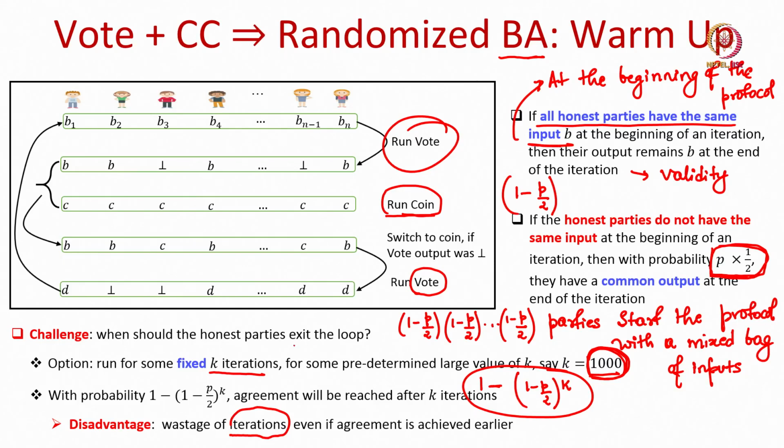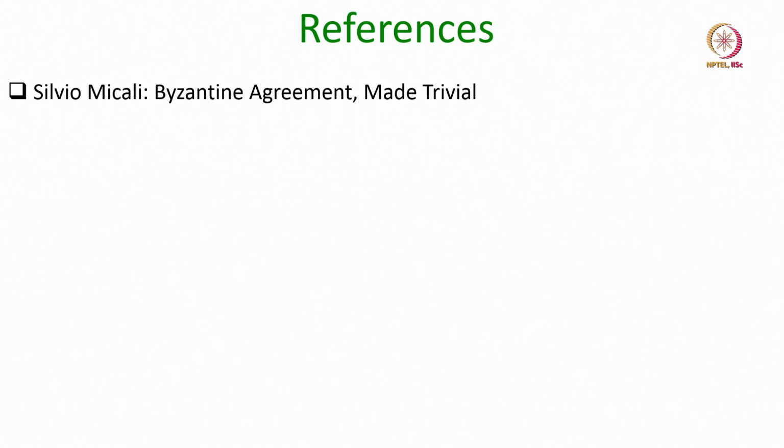So, that is a challenge for this framework, but intuitively we now know how we can run these two gadgets, vote followed by the coin gadget, for many iterations to get a BA protocol with probabilistic guarantees.